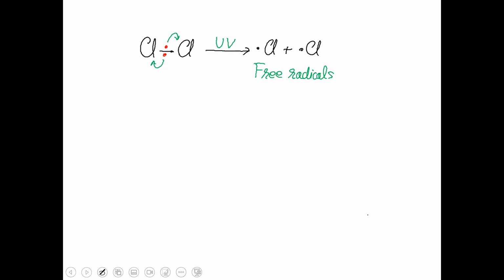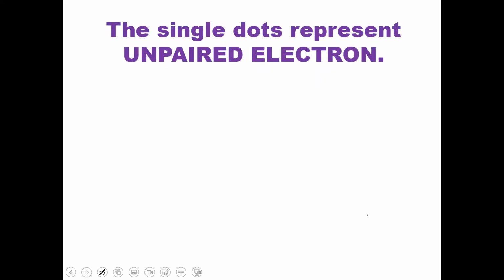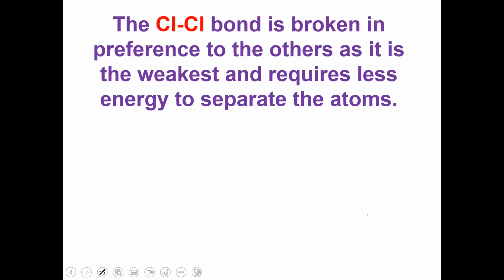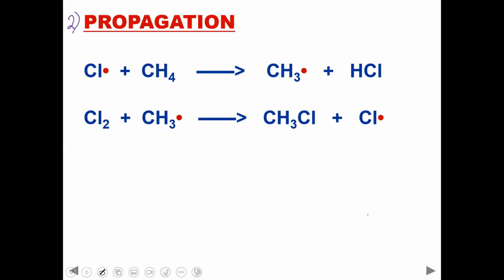Okay, I've copied this one. Yep, that's fine. Why does the C-Cl bond break? Because in the mixture, the C-Cl bond is more susceptible to the UV attack.